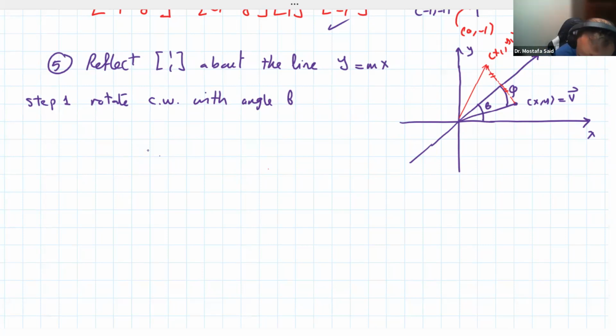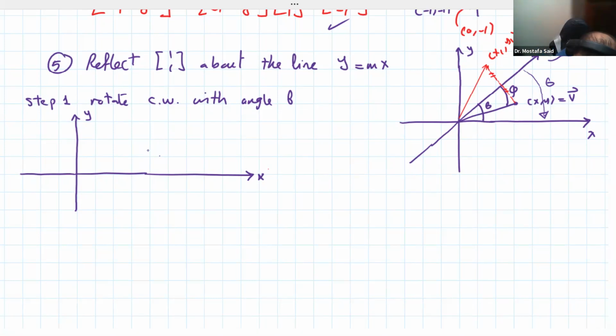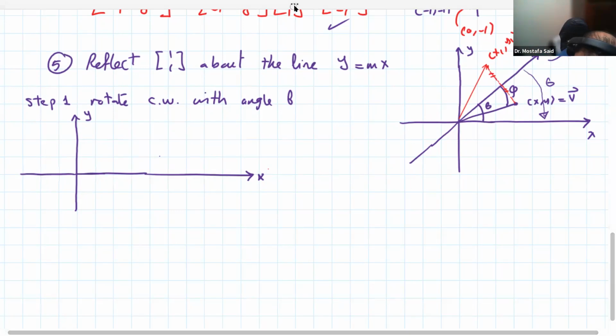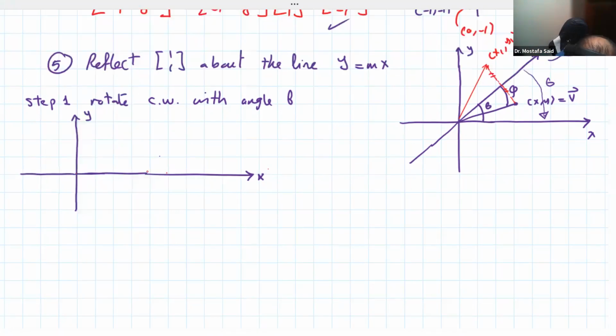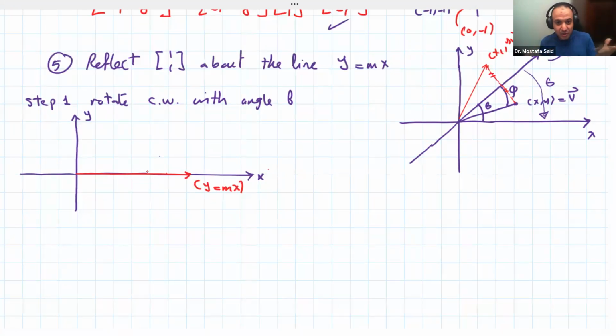Okay. So if we apply this step, that's what we're gonna get. If you rotate y equal to mx by an angle theta clockwise, what's gonna happen? It will coincide with the x-axis, right? So that will be, let's do it with red, y equal to mx. M now is 0 because basically y equals 0 all the time on the x-axis, right?